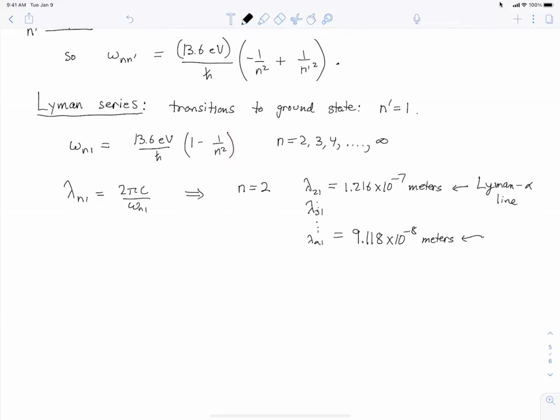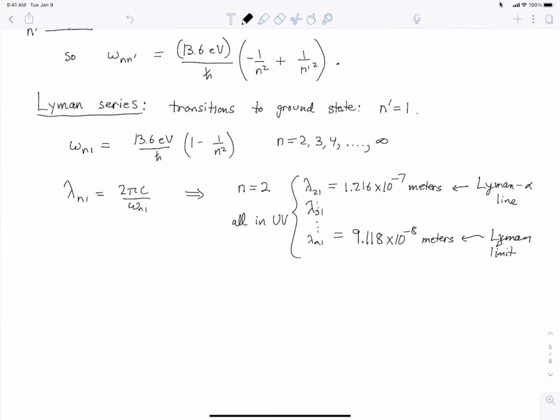That's called the Lyman limit. That's where all these lines sort of coalesce into one line. And all of these are in the ultraviolet, so you can't actually see them with the naked eye. But astronomers can see them because they're clever and they can deal with ultraviolet detectors.